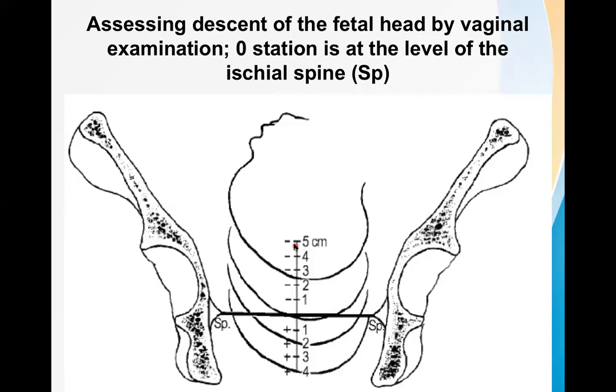Above that, we call it minus station, and below that, we call it plus station. So +1, +2, +3, and +4. +4 means the head can be visible outside. The head is crowned. This is called crowning of the head. Important point. And another, see that the head has not even entered the pelvic cavity. At -5, it has not entered into the pelvic cavity at all. So these are the different points here.